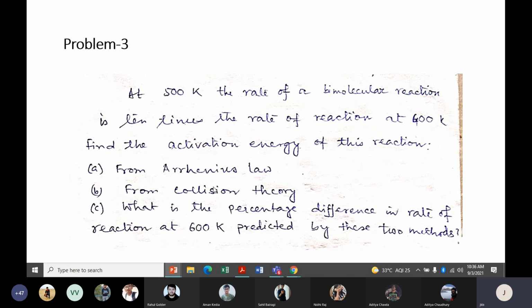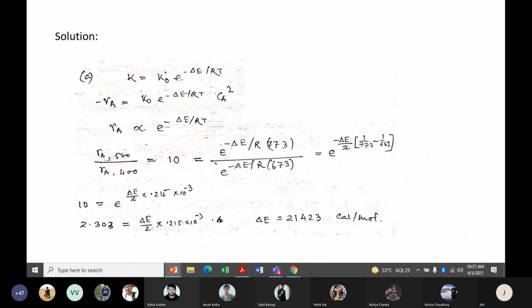That is Arrhenius, collision, and another one that is not asked here, but you can check it. That is, you can check three different types of temperature dependencies and compare the differences. So the first method is Arrhenius, the ratio of exponential terms, you will get this.